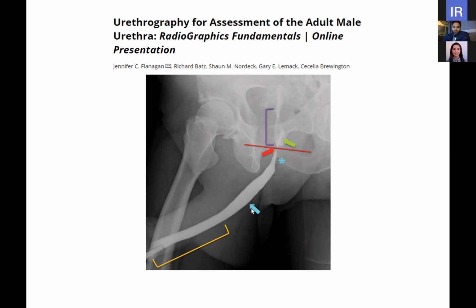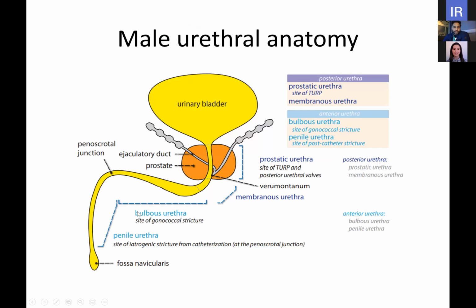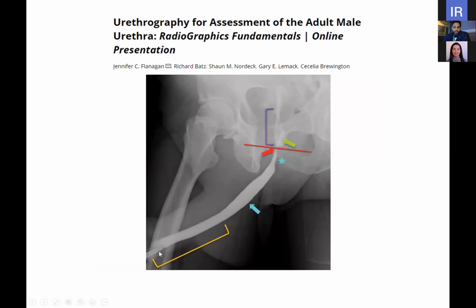So if we look at the anatomy of the previous slide, here you've got the anterior segment, which is the penile and bulbous urethra, and the membranous and prostatic urethra. This is the penile urethra, bulbous urethra, over to the membranous urethra, and then the prostatic urethra here. And this red line is the urogenital diaphragm, and that's what separates the posterior segment and the anterior segment.